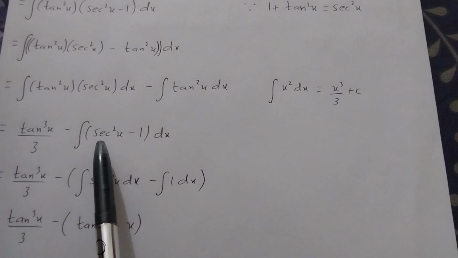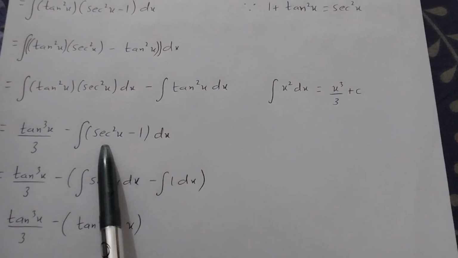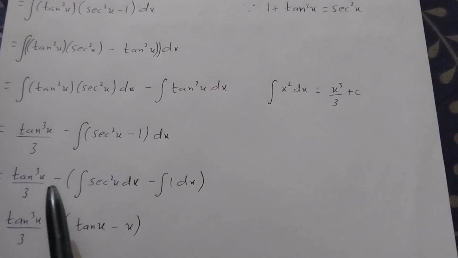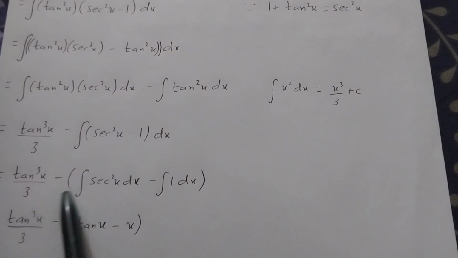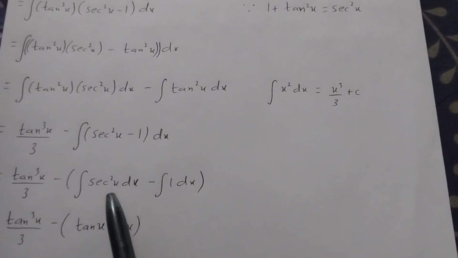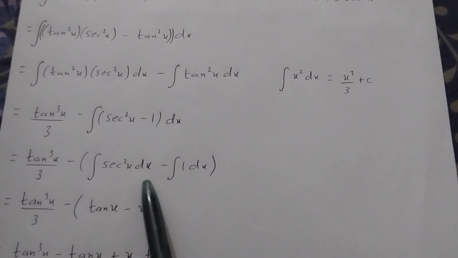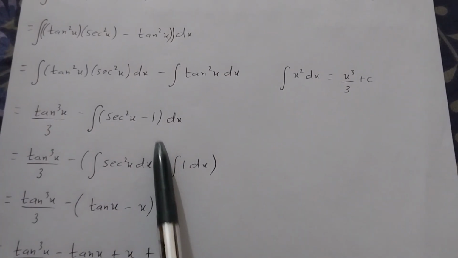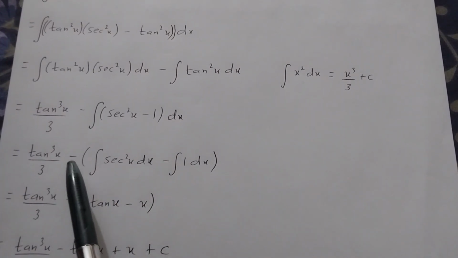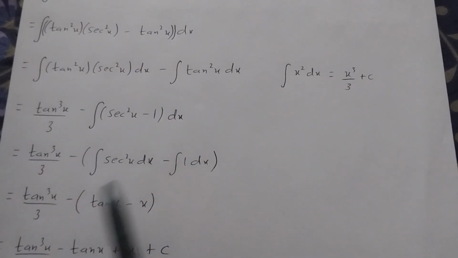And we will distribute the integral operator on these two terms. This will become tan cube x over 3 minus the integral of secant square x with respect to x and the integral of 1 with respect to x. And this minus sign will be distributed on these two terms.